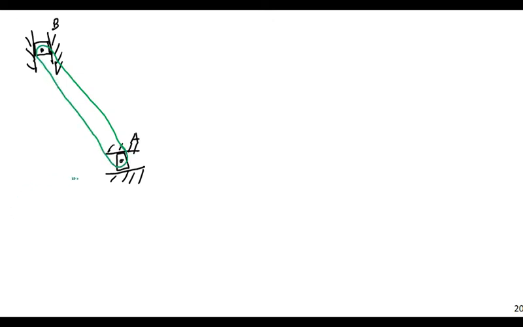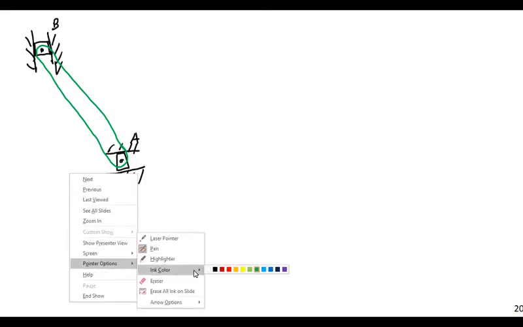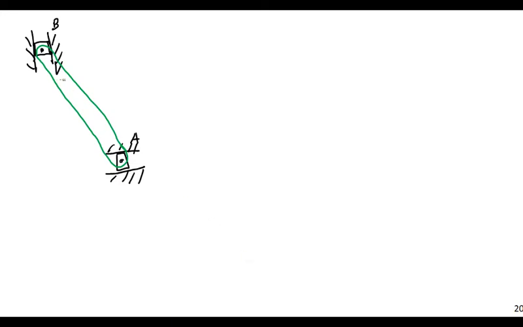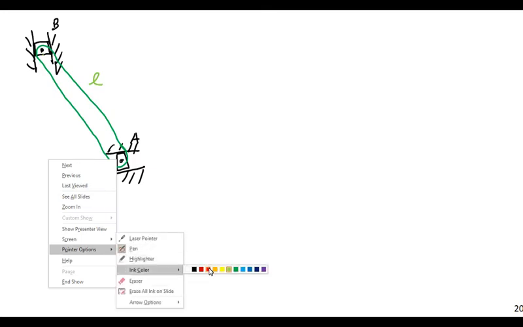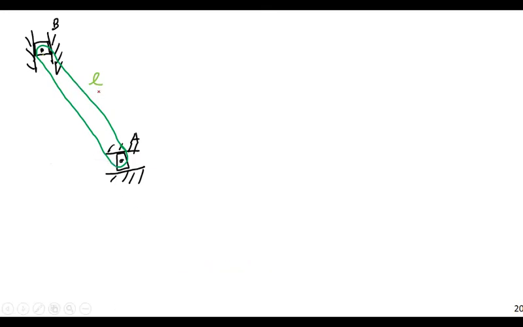It's the same kind of thing, and I would have the same theta here as I did before. Let's say the rod has a length L. Now, instead of looking at the velocity at an instant, let us look at the acceleration at a particular instant.